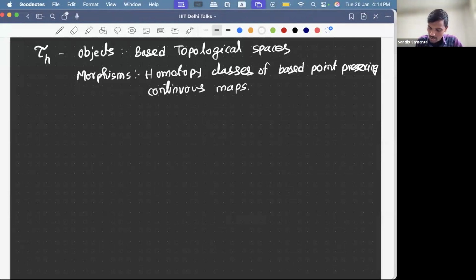Okay, so this is the category that we are particularly interested in, and we'll see the corresponding group EX in this category.